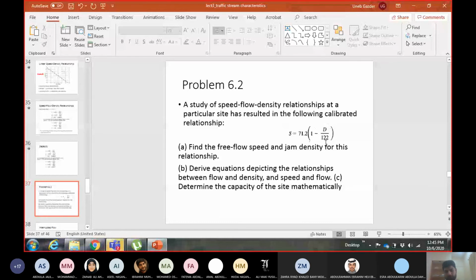So if somebody gives you the equation between s and d and asks for free flow speed, put d as 0. If they ask for jam density, put s as 0. And then, as I said, for part B and C, you can continue like I did for the example which we just did.